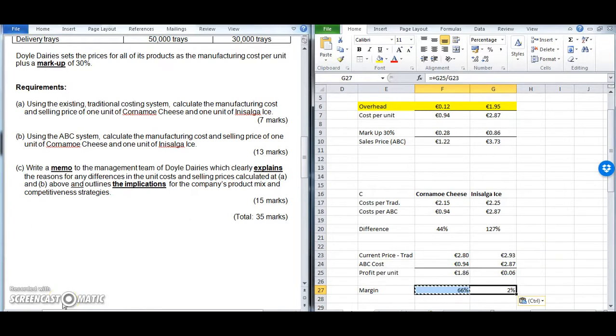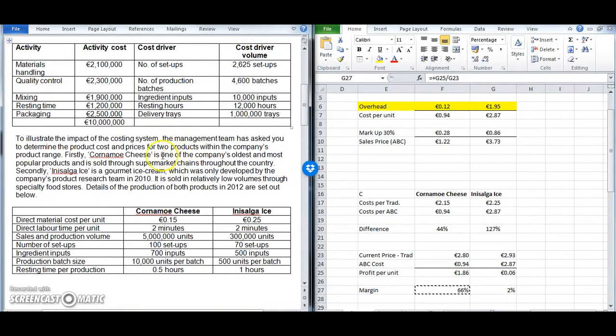So based on that, then you may have to consider your product mix in terms of, well, are we going to focus now on the Carnamore cheese, which is the old and most popular product, so it's the high volume, but you look at it by this, it's also the most profitable, or are you going to focus now on the gourmet and try and do some lever in terms of how you can improve profitability, perhaps through activity-based management, which again we're going to look at in the current week's session, or alternatively increasing the price for your product.